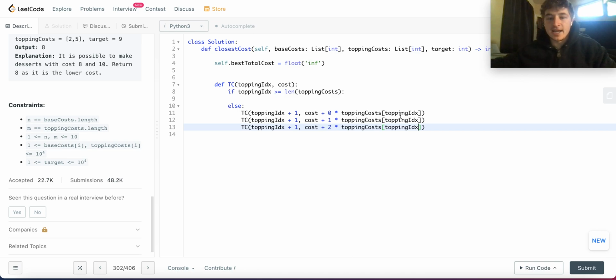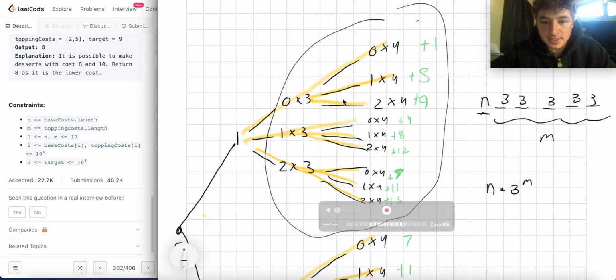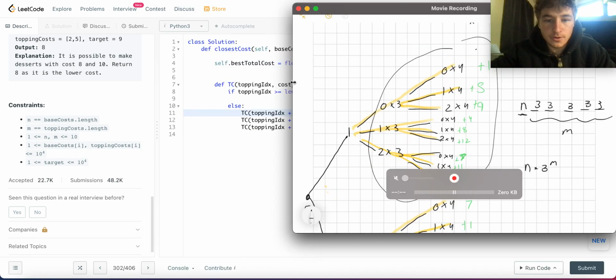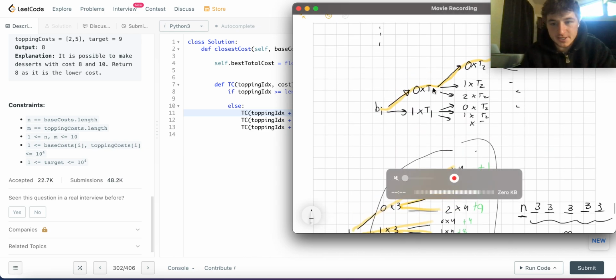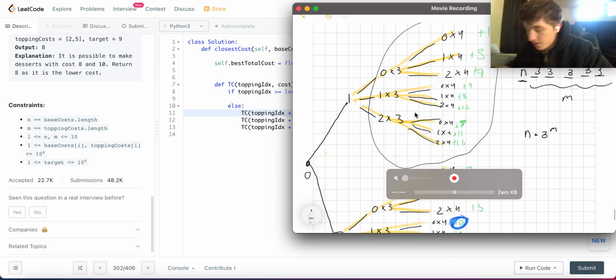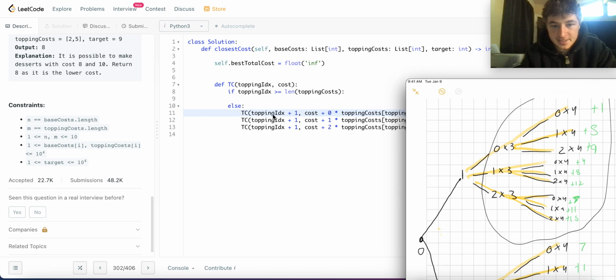And I'm basically saying, okay, either I can use 0 of this topping, all right, and this is going to branch out. Right, so if you look at this problem here, if you look at this general case, these are the same things, right? Well, I erased it. That's why, because I'm an idiot. Okay, right, this example is this top branch, where I do 0 times the topping.